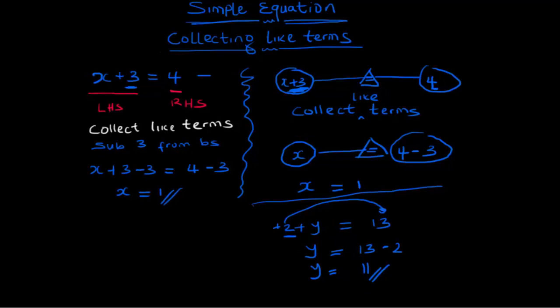If I've got, let's say, minus x plus 2 equals minus 2x plus 3. Now we have this side of the seesaw, we have this other side of the seesaw.